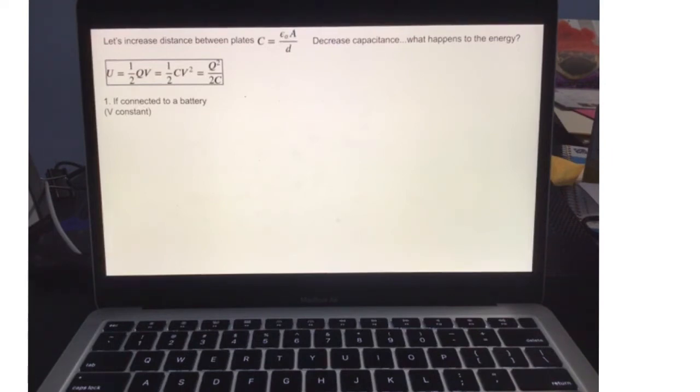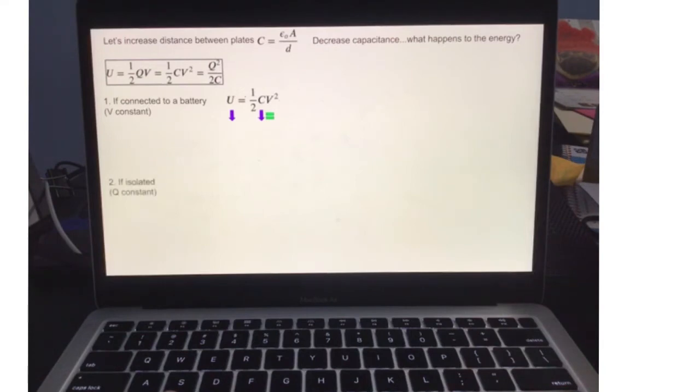But V is staying constant, so I want the 1/2 CV squared, because there my V is constant. So if my capacitance decreases, then my energy in the capacitor decreases.